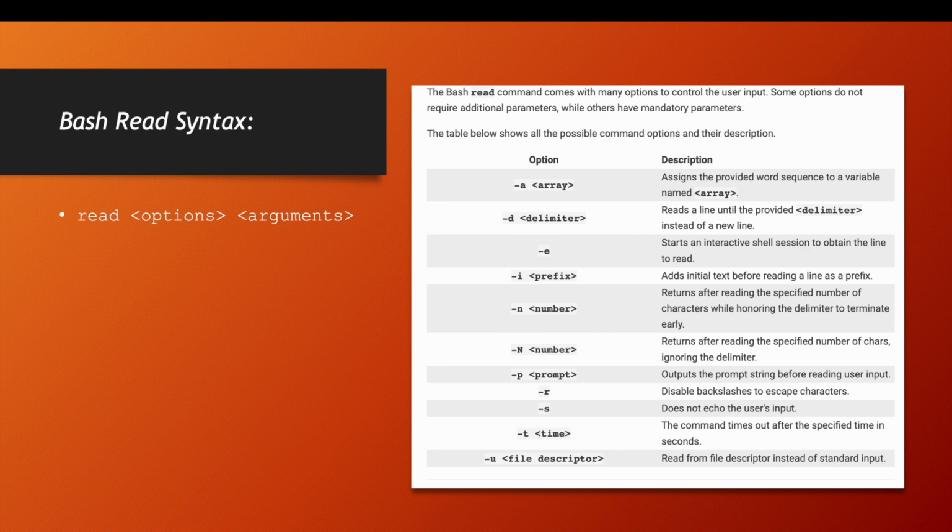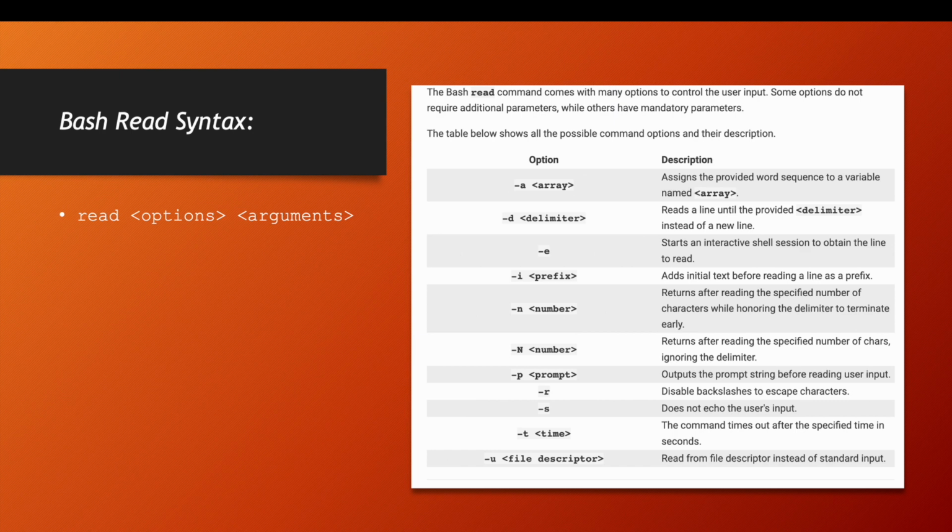If a shell script needs a password, but you don't want to show the input value to anyone, then you can use the -s option. Similarly, with the -t option, the input prompt will wait for a few seconds and it will automatically time out. So the -t option makes the command time out after a specified time in seconds.